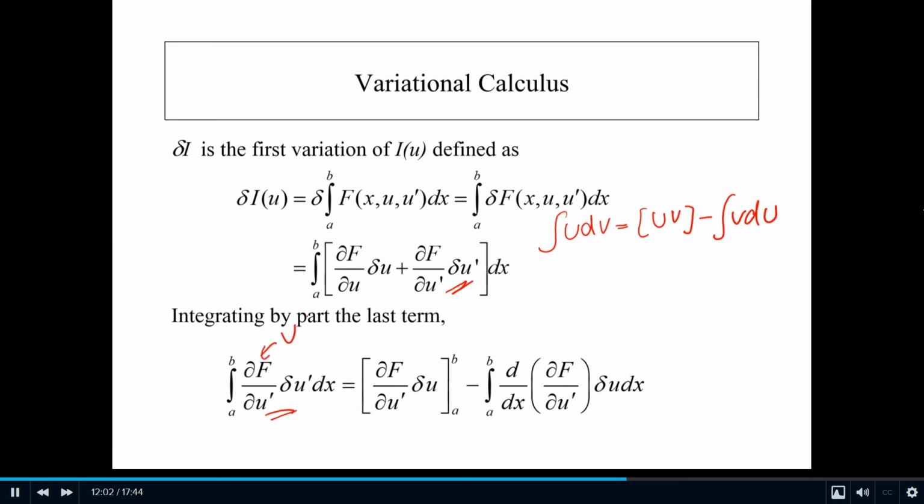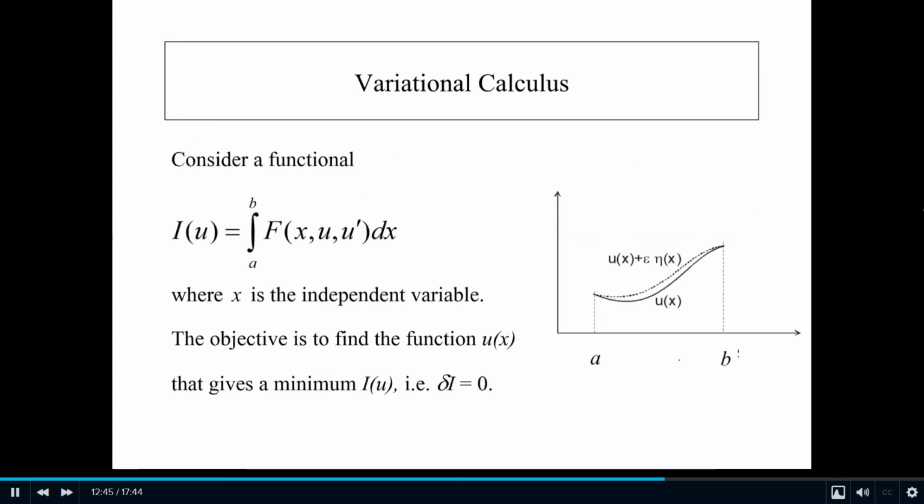Let me use different letters, because u is already used: the integral of p dq equals pq minus the integral of q dp. In this case, you define this as p, and q would be delta u. And this is what you get.